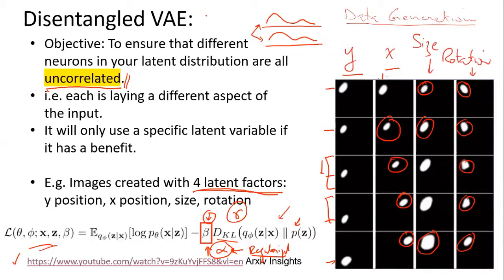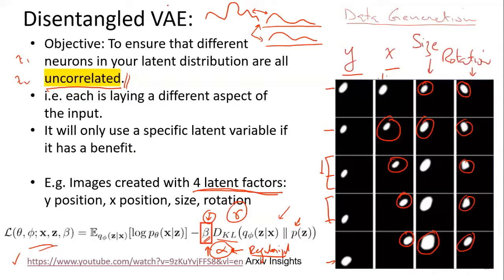But suppose you have another distribution which is completely different. These two distributions are very different. So the KL divergence measures how different two probability distributions are. And by making this parameter beta large, what we're saying is that we want the two distributions of, let's say, Z1 and Z2 to be uncorrelated.